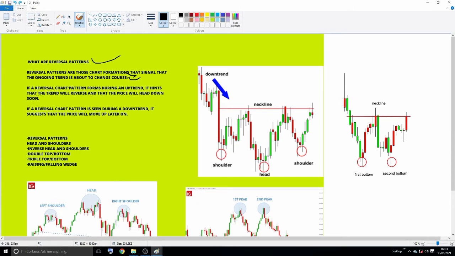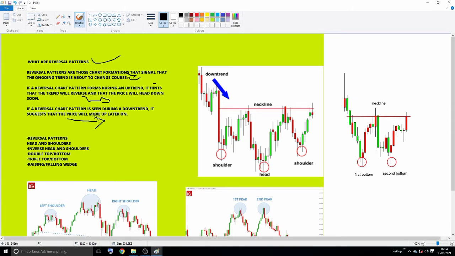If a reversal chart pattern forms during an uptrend, it hints that the trend will reverse and that the price will head down soon. So if you see a reversal pattern on an uptrend, it means the trend is about to reverse and become a downtrend. If a reversal chart pattern is seen during a downtrend, it suggests that the price will start moving up.